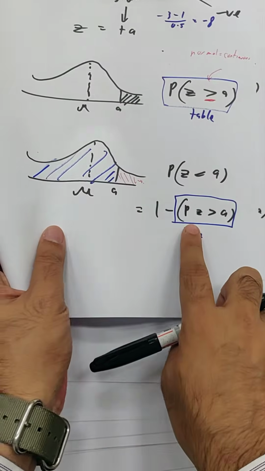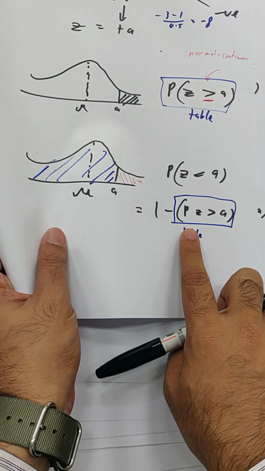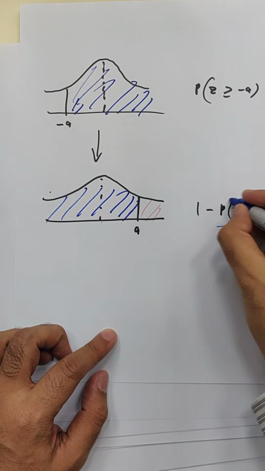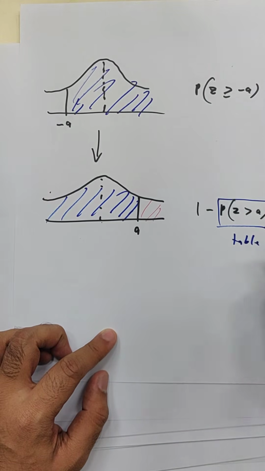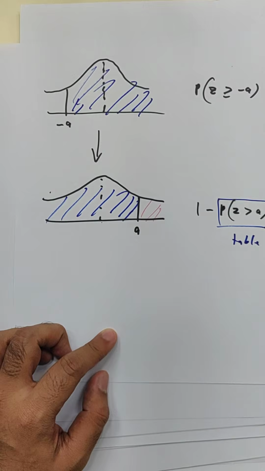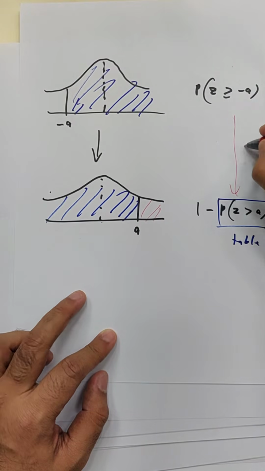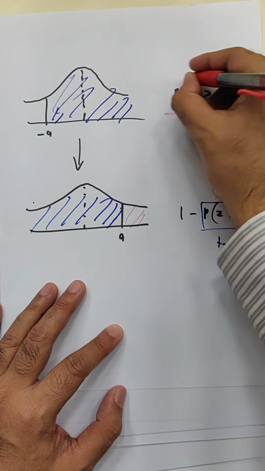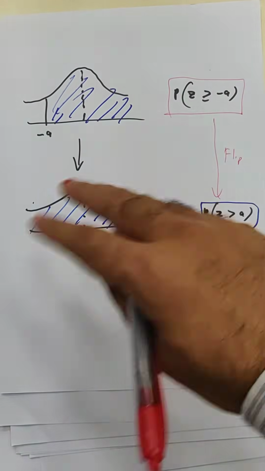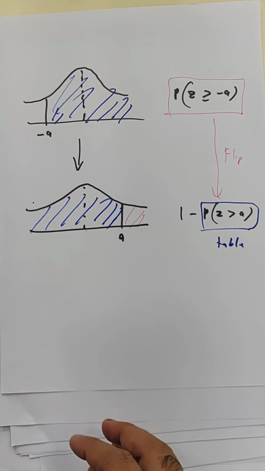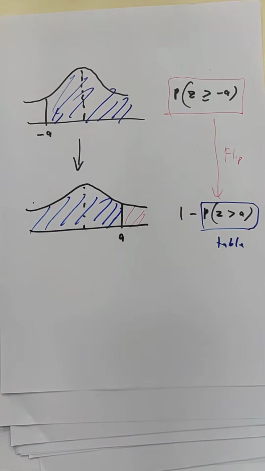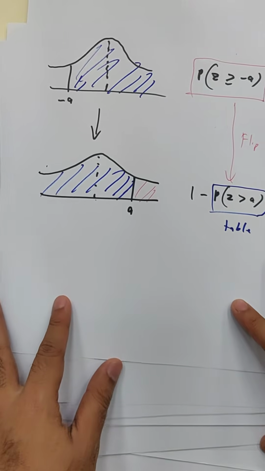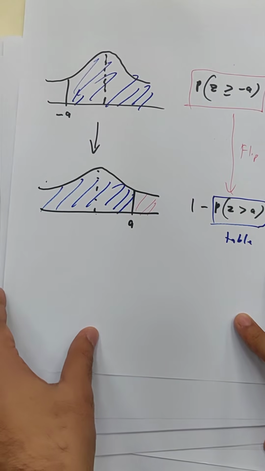It's identical to what we have done just now. Okay, so once you reach here, what do you do for here? You read it from the table. So this part here, what do we do? We flip. Basically, if you see negative, you can always flip them. Can I move on?